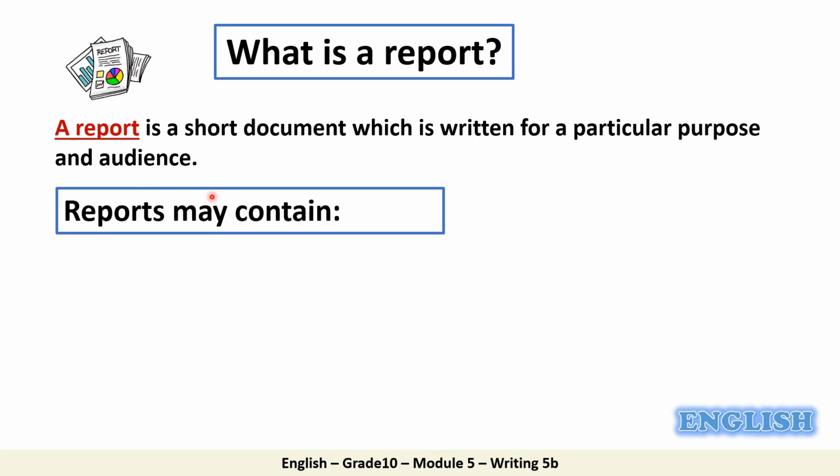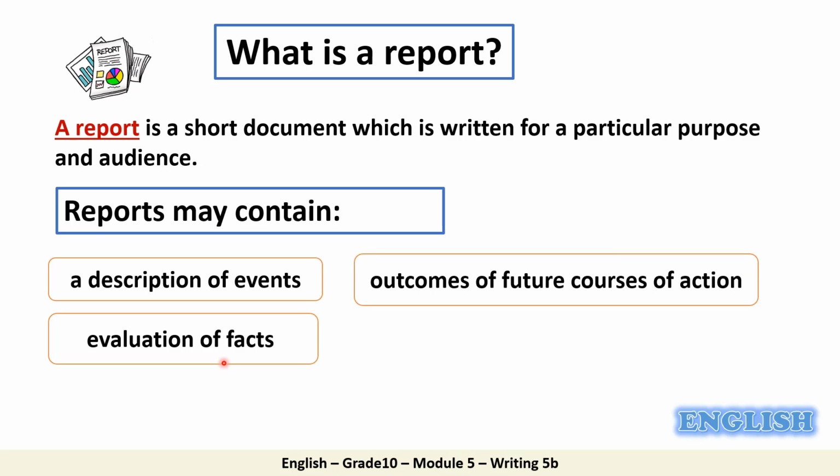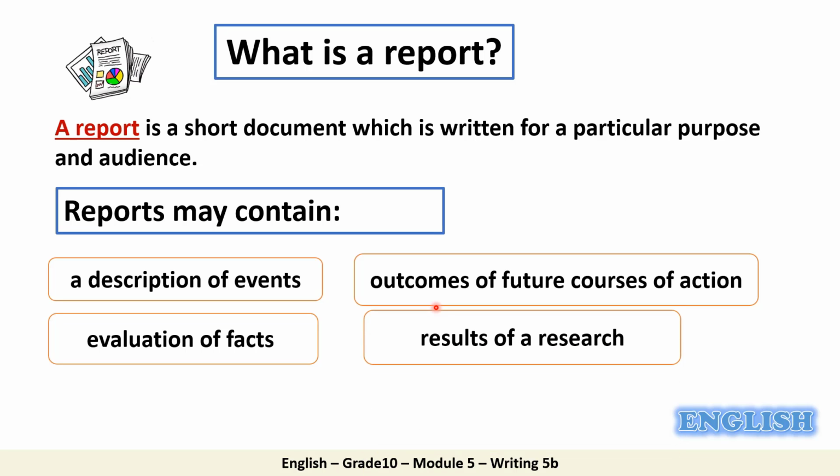A report may contain, how about you pause and think, what should a report contain? Let's see. It may contain a description of events, yes, or an evaluation of facts, or outcomes of future courses of action, which is the results, and results of a certain research or a study, or an analysis of a research or a study.